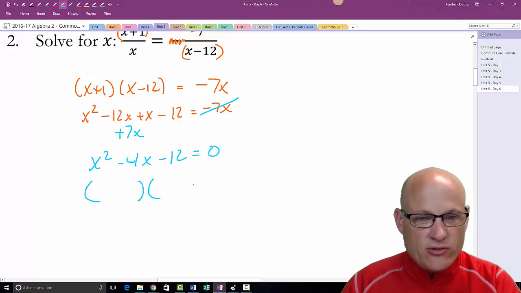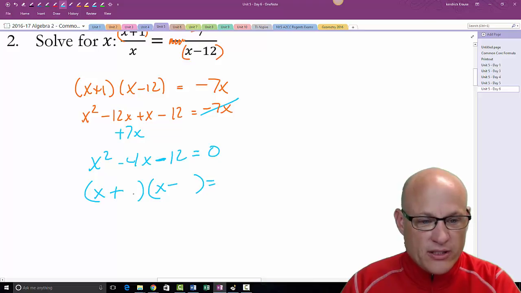Since this is negative, they got to subtract to give me negative 4, so negative 6 and positive 2. So my two answers in this case are x equals negative 2 and x equals 6.